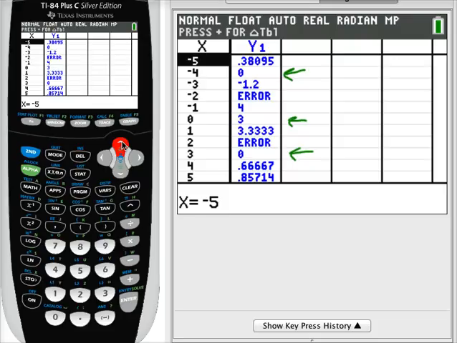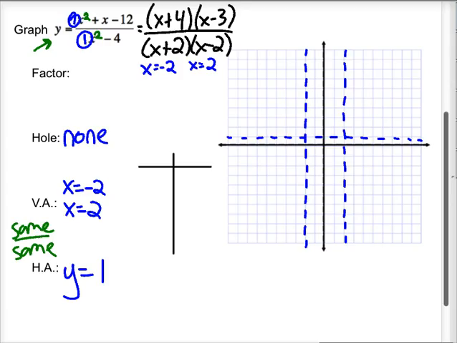Okay, I'm going to write those down. So negative 4, 0, 0, 3, 3, 0. Okay, so I'm going to take just those couple points just so I have some accurate starting points when I'm sketching it.